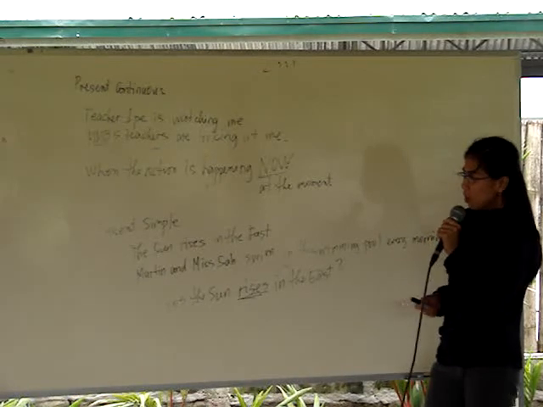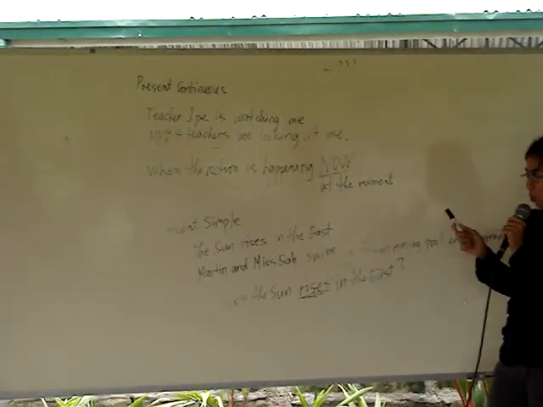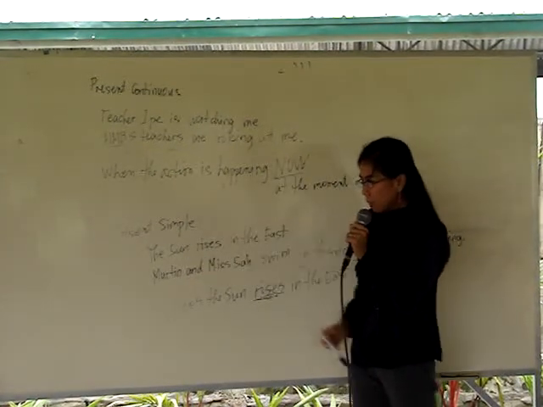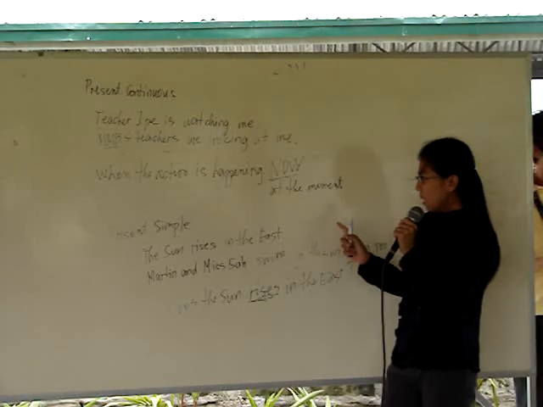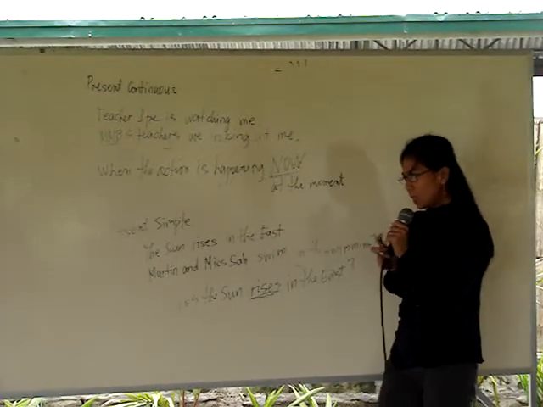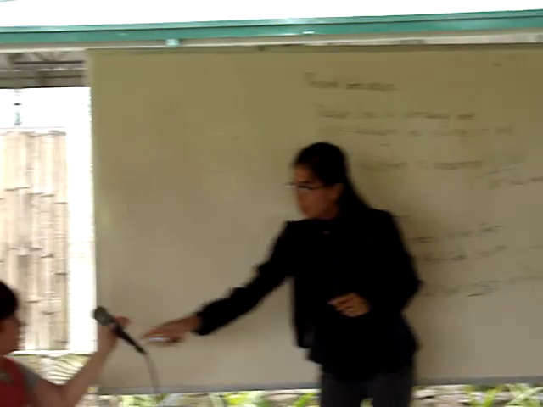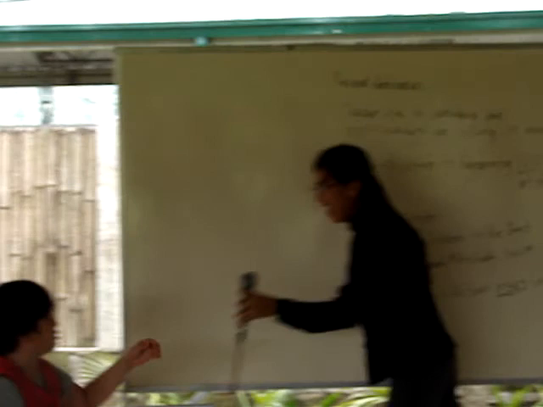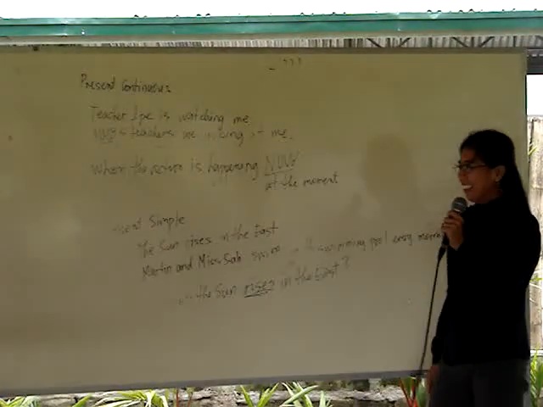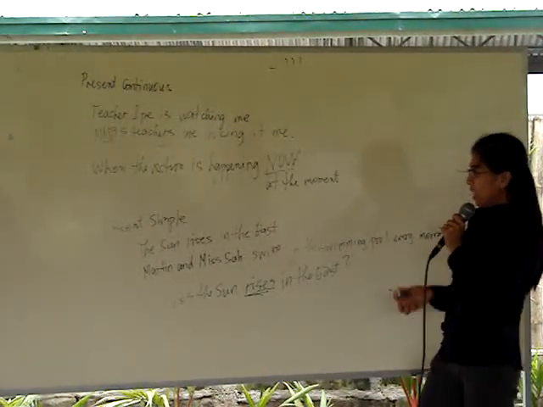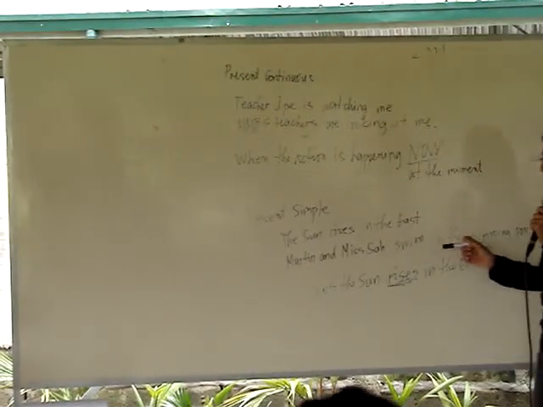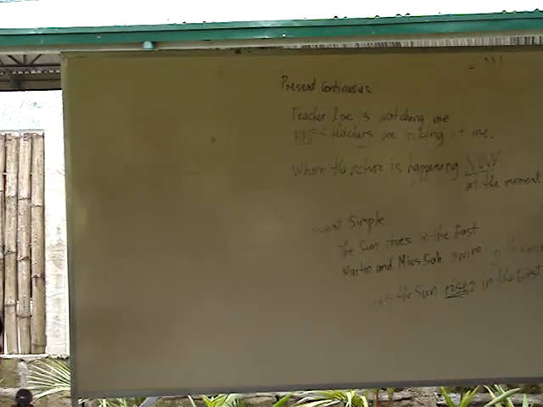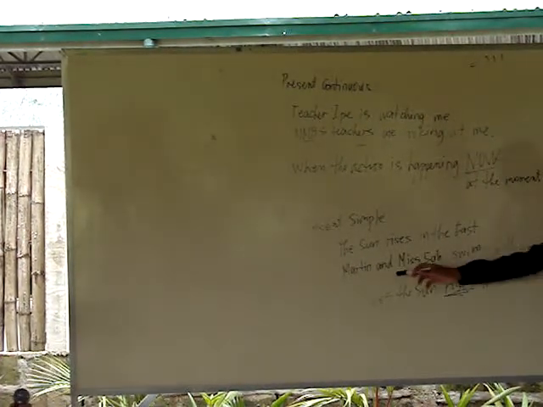Do you remember when we use the present simple tense? Based on the first sentence, the sun rises in the east, what kind of sentence is this? When we talk about general truth. Yes, very good, Martin. We use the present simple tense when we're talking about a general truth or a fact. How about the second sentence?